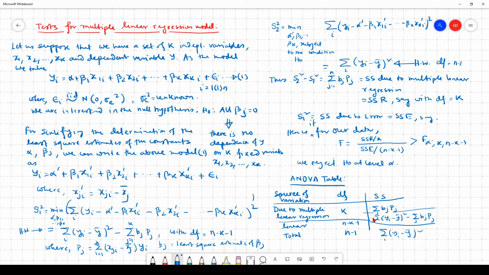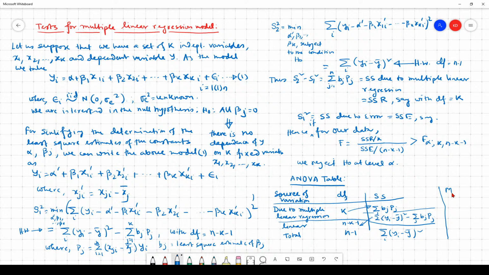So this is the sum of squares due to linearity, sum over i of yi minus y bar whole square minus sum over j bj Pj, and this is the sum of squares due to multiple linear regression, that is sum over j bj Pj. And this is SST.